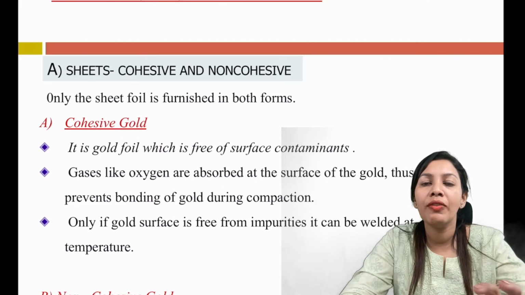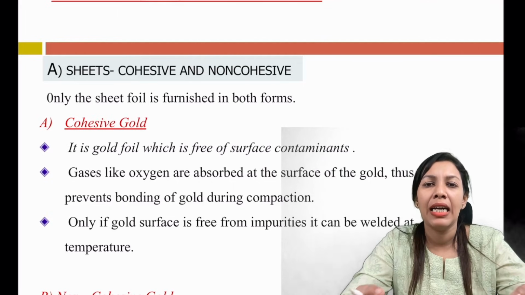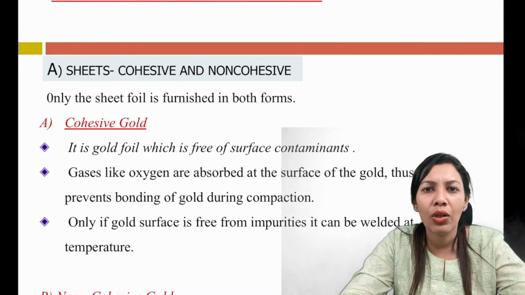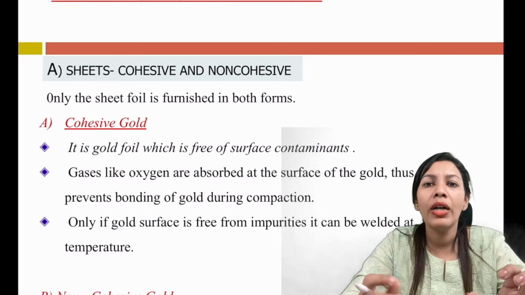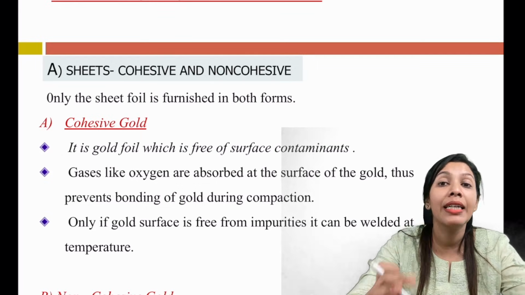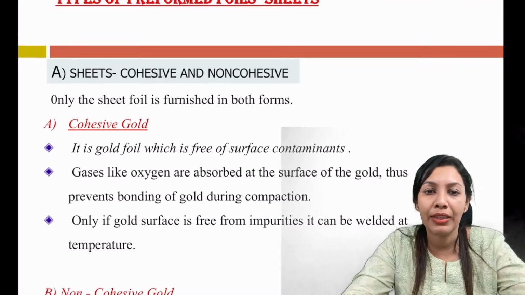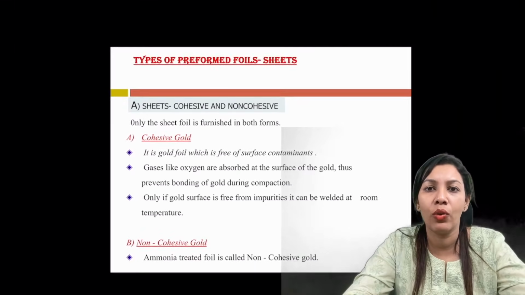So the gold which does not have any impurities or gases on its surface, which is very purely made, is called cohesive gold. Only gold which is free from impurities can be easily condensed and welded at room temperature. Now what is non-cohesive gold?